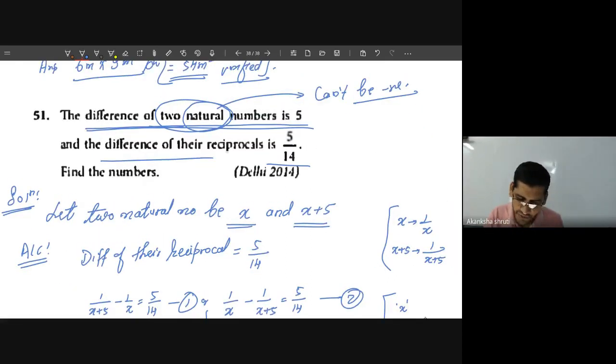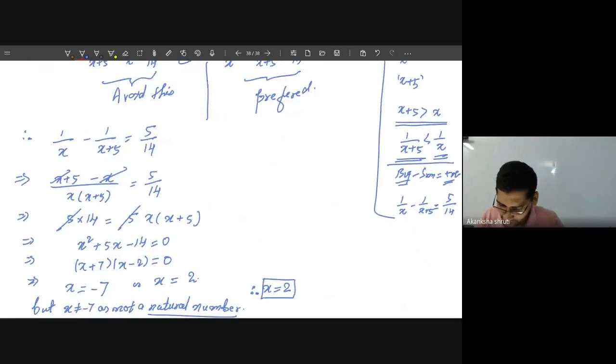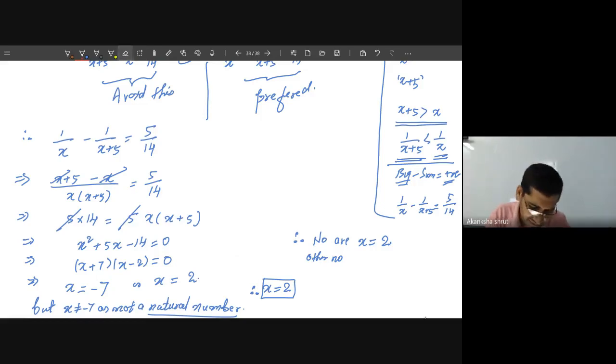The difference of two numbers. Therefore, what are the numbers? One number is x equals 2 and the other number... So write like this directly.